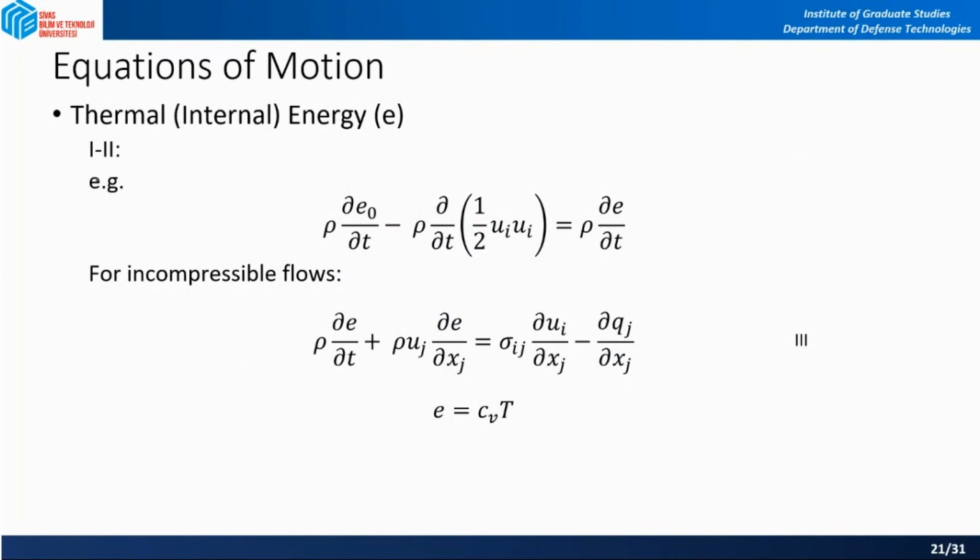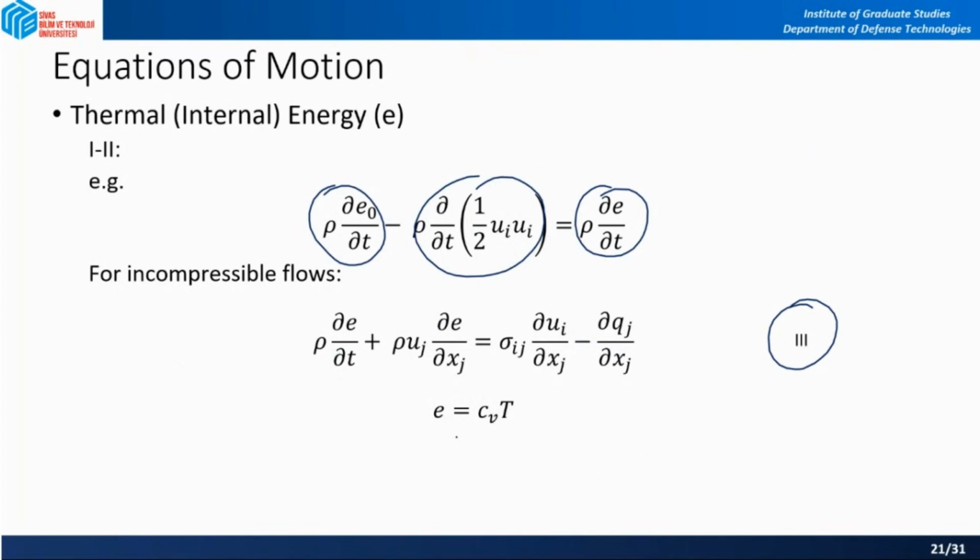So again, as an example, the first term in 1 minus the first term in 2 will give me the first term for the internal energy. So I will subtract and write it. This will be equation 3, the equation for the internal energy.